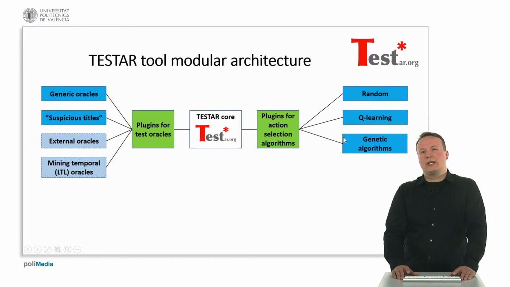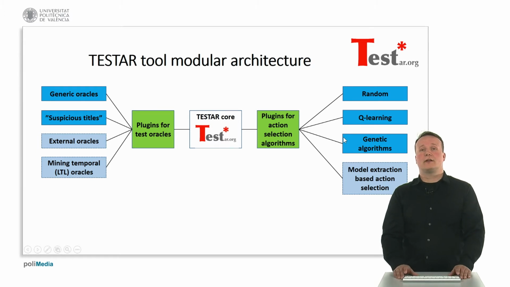There has also been some research related to genetic algorithms trying to evolve the best possible action selection algorithms. This direction is still being researched, and there are new master's studies done in this direction.